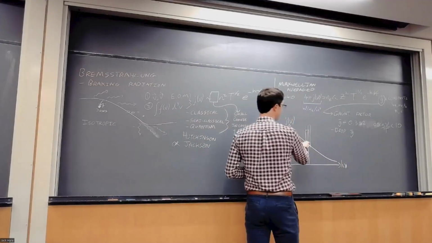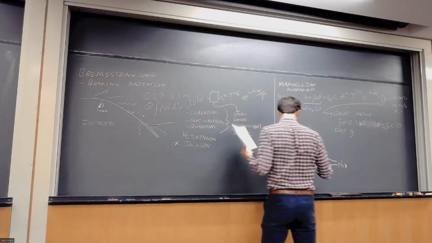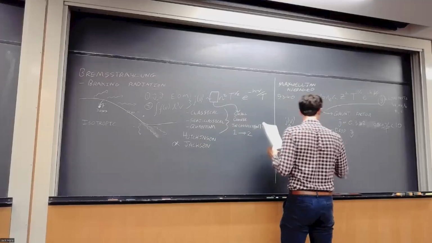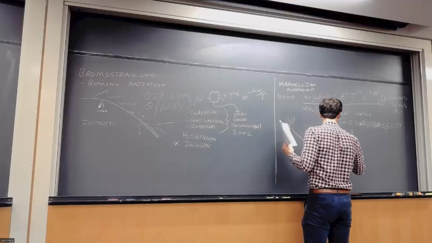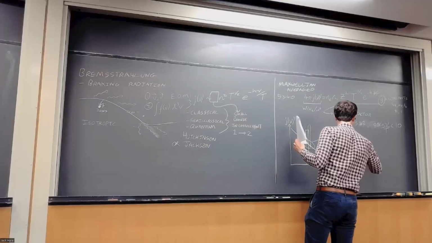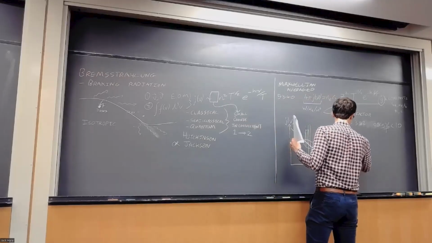Now, the nice thing is, over a short frequency range, this does not change very much. So if I'm doing my ECE and I zoom in on this region here, this bremsstrahlung is going to be basically constant.